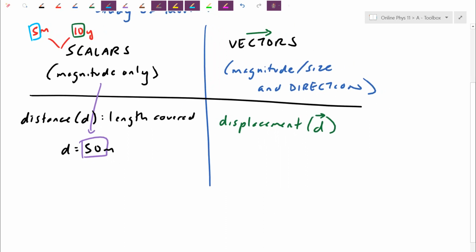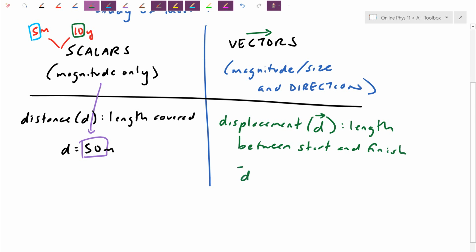So the displacement here, sure, you can say it's the amount that's displaced. In this case here, I'm going to actually say displacement is actually the length between your starting position, start and finish. And I'll give you an example of this very shortly. But that's going to be your displacement.